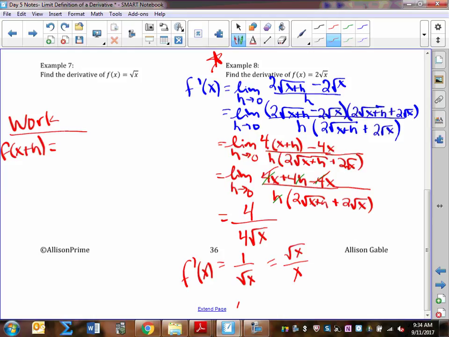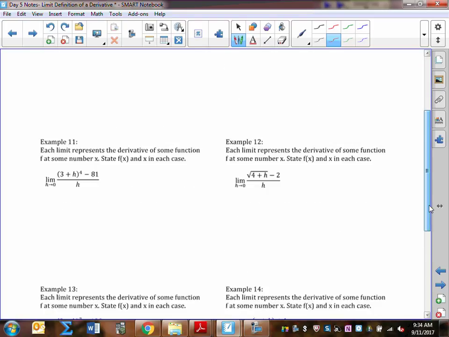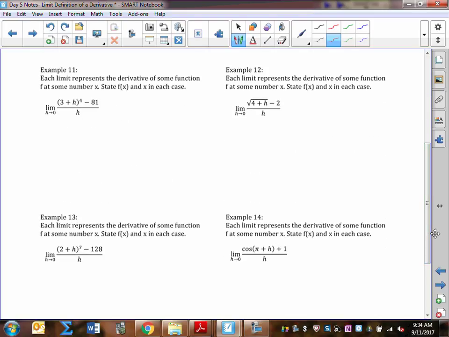Other questions? Okay, so real quick, let's look at example 11 and 12. Here it says each limit represents the derivative of some function at some number. State the function and what number it's approaching.